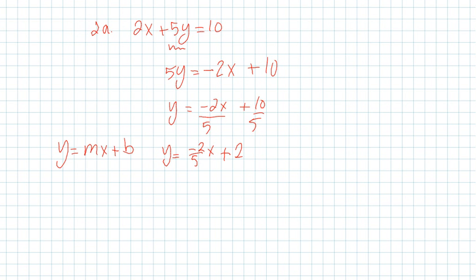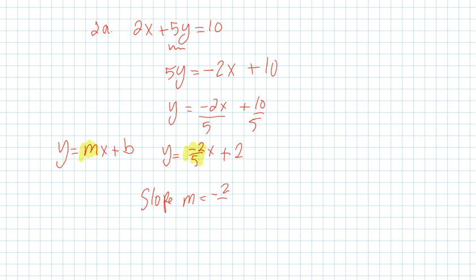So it's y by itself equal to something x plus something or minus something. So out of this equation, what does m represent? What is the m value? Minus 2 over 5, and it is the slope. That's right. So m is negative 2 over 5, so that means the slope is equal to negative 2 over 5.